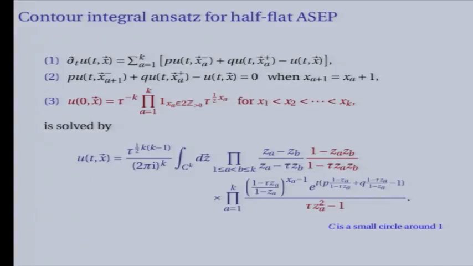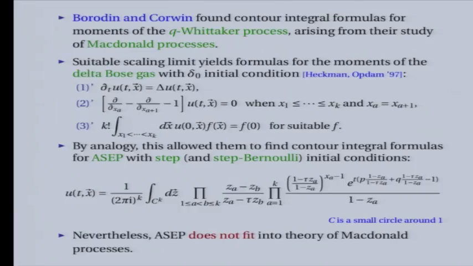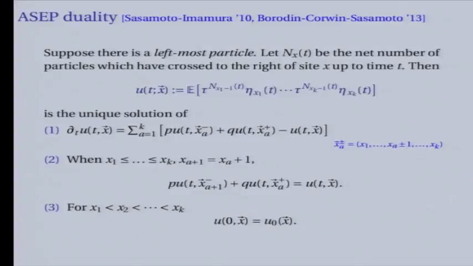And for q-TASEP, which is the analog of ASEP but corresponds to the Macdonald world, there is an analog of these equations. One can write them, and they also wrote them in the same paper. But they can't be solved.